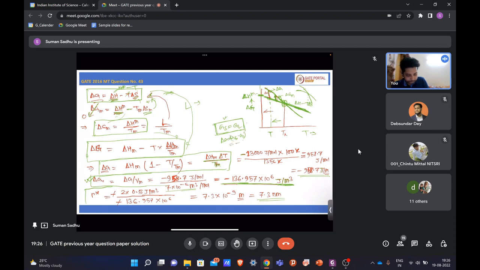That will be negative. Negative means you are getting some energy from this. That energy will help to create a new surface, right? That's why you always have to go below the Tm to start the nucleation, or to get the solidification.